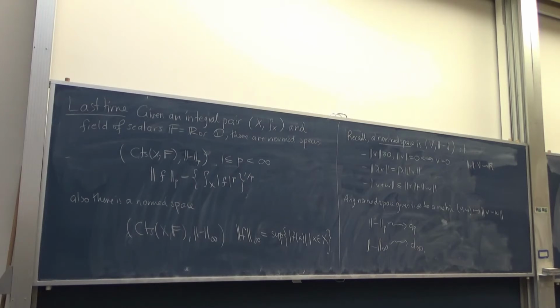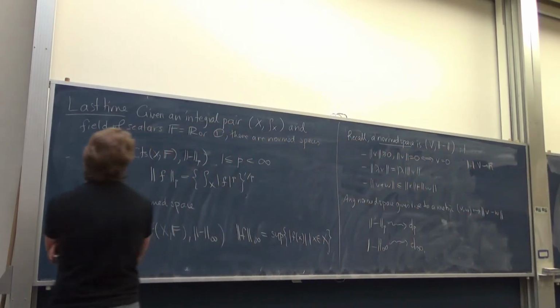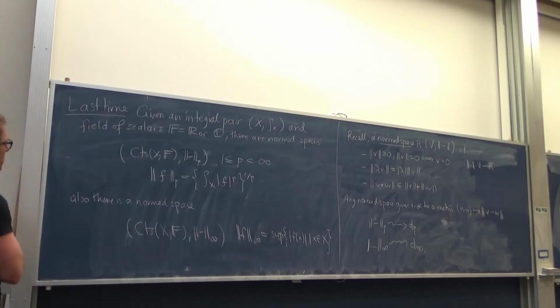Any normed space gives rise to a metric just by taking the norm of the difference, and that's how the usual metric on Rn, or at least one of the usual metrics on Rn, arises. Then we discussed a generalization of that, obtained by taking any compact Hausdorff space together with an integral, which is some linear functional on the space of real-valued functions on X, satisfying a positivity requirement.